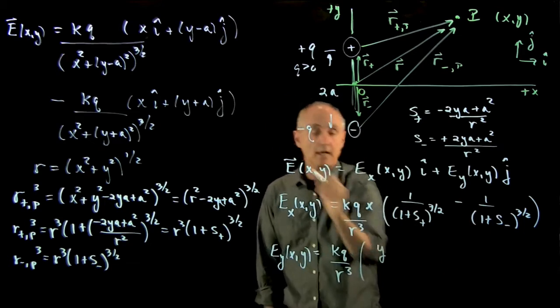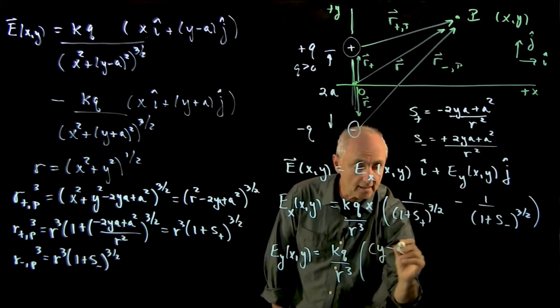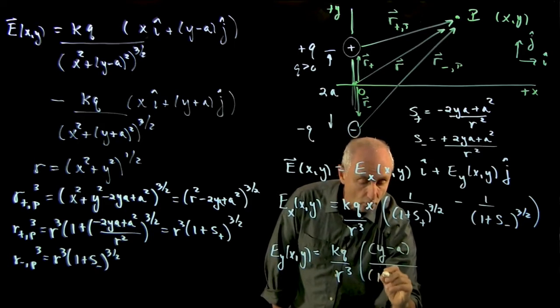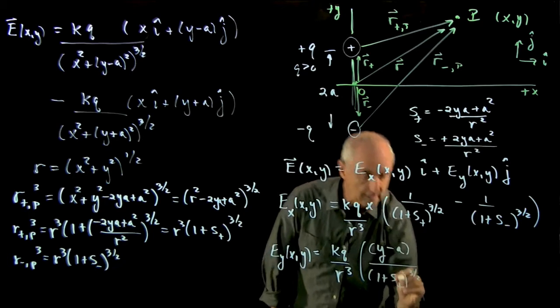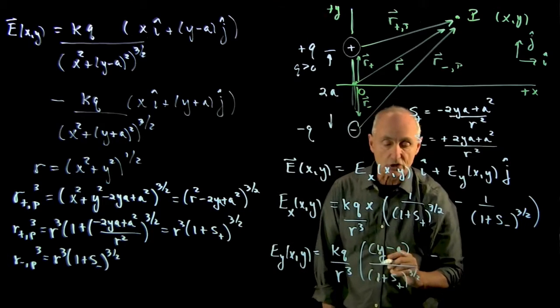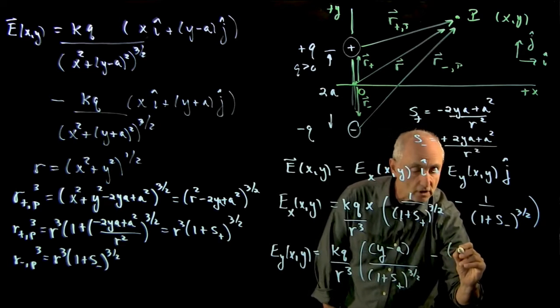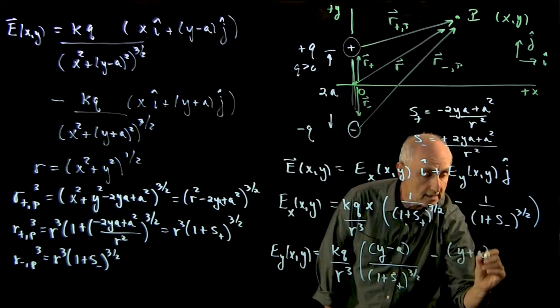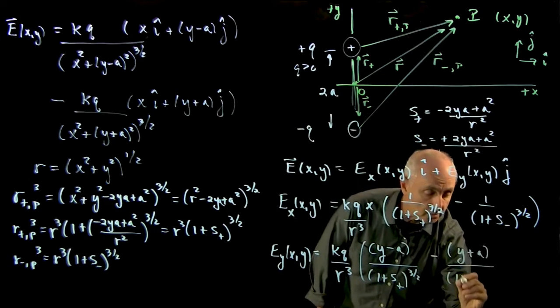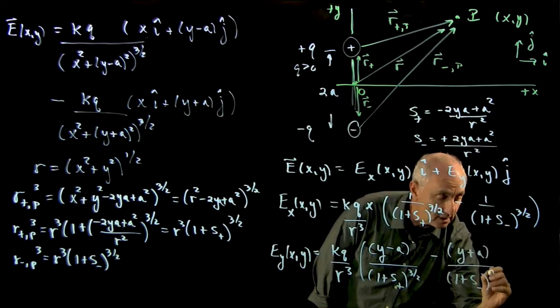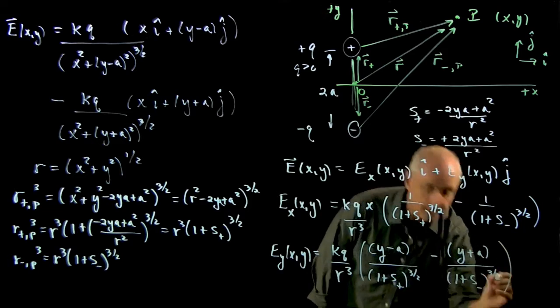So we have y minus a over 1 plus s plus to the 3 halves, negative, because the other charge is negative, y plus a over 1 plus s minus to the 3 halves.